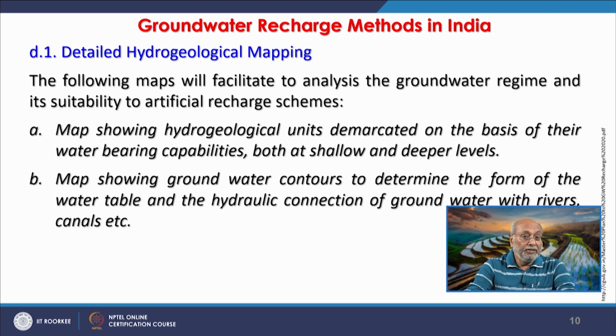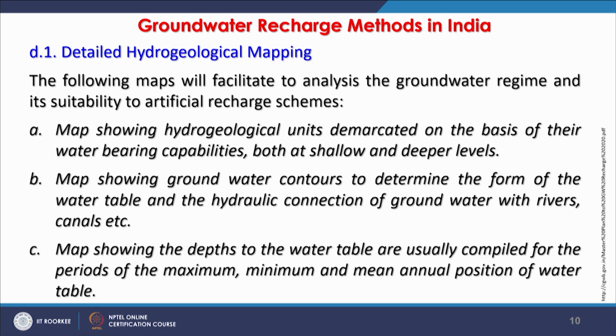That kind of information can also be obtained in the field or through some organizations, because each state in India has its own groundwater department and they should have been collecting the data pre-monsoon and post-monsoon for many areas of their state. So, that data can be collected and such contour maps can be prepared.